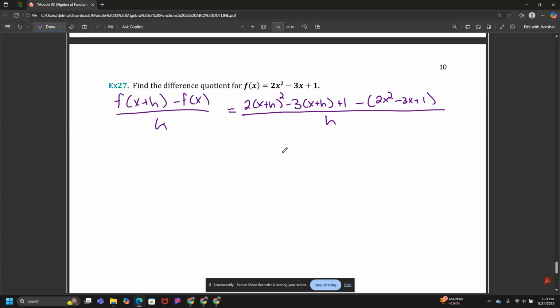So I am going to do this x plus h squared with FOIL. So x squared plus xh plus xh plus h squared, and then that just becomes x squared plus 2xh plus h squared. I hope I didn't do that too fast.